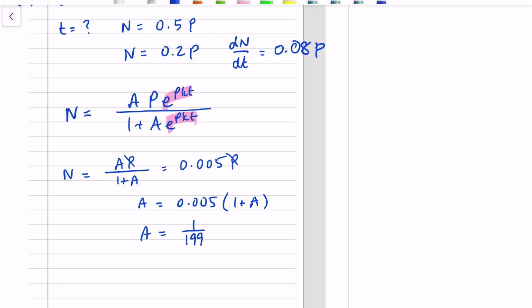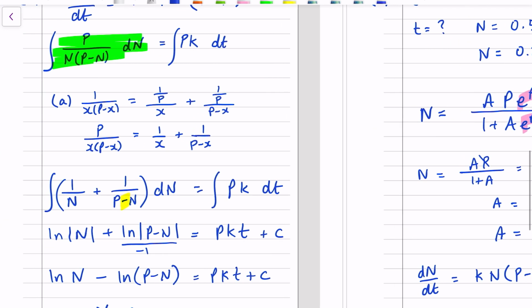Okay, second piece of information, we are given the differential dn/dt, so we don't want to substitute that into this expression here, because that would require us to differentiate it. We go back to the original problem, which was the differential equation we started with, k times n times p minus n, and bear in mind that I didn't change any constants at any point throughout the question.